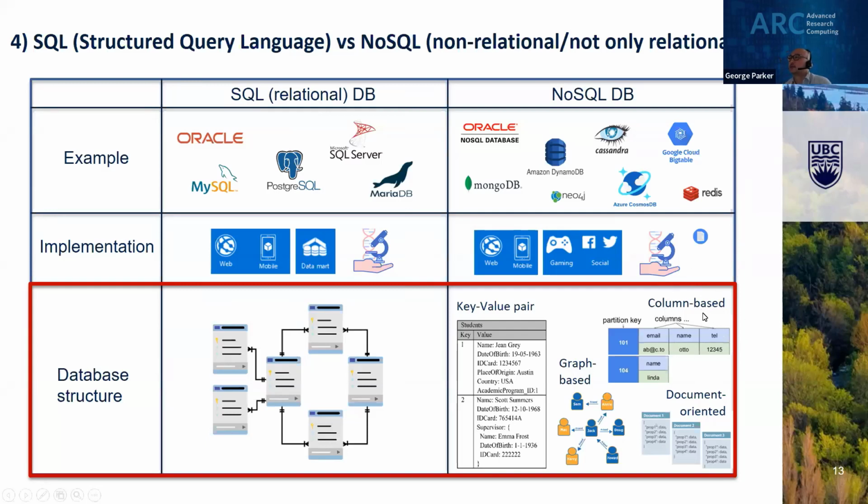Column-based database is similar to key-value pair. Instead of having a value, it has a columns component. Within each of the columns, you can have rows and columns. The rows and the columns in one column do not have to match the rows and the columns in another column.